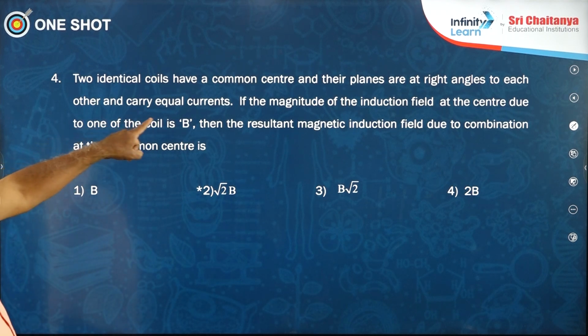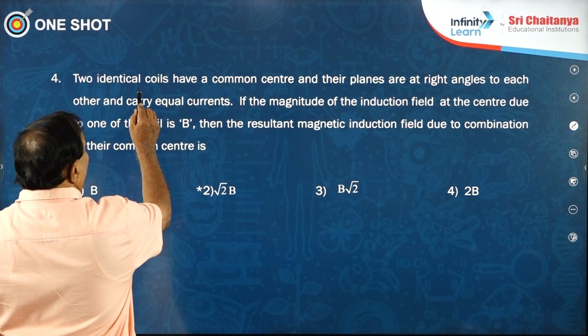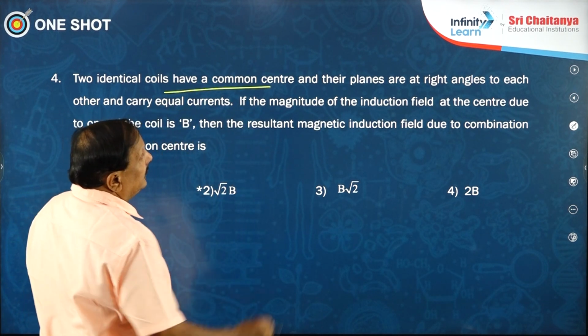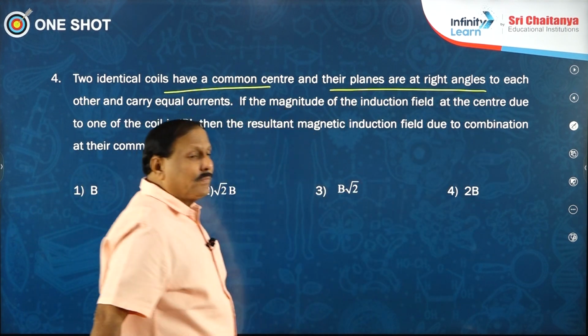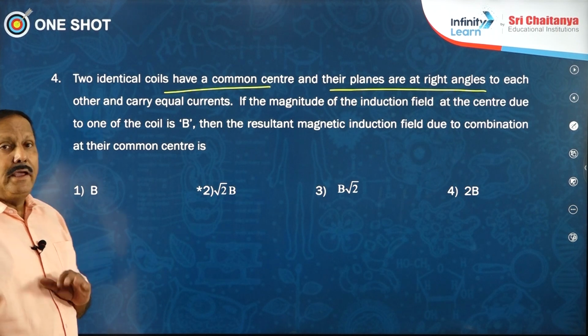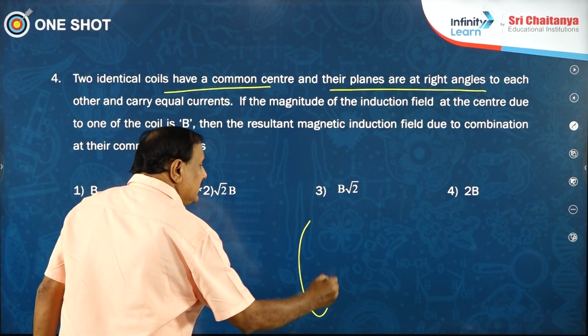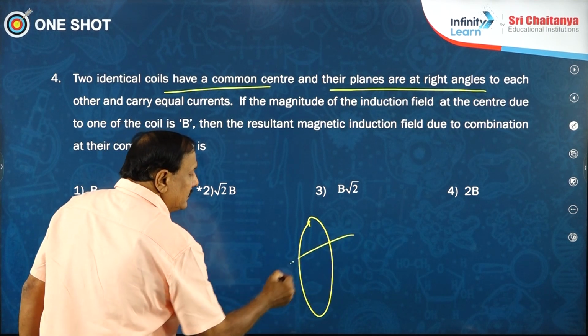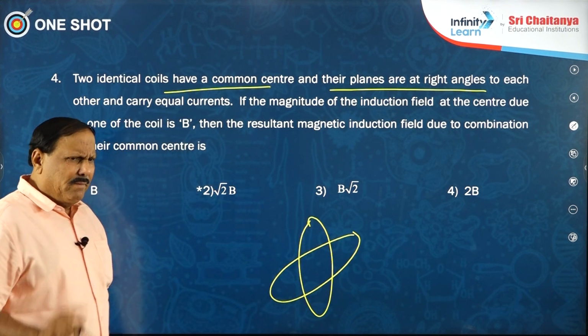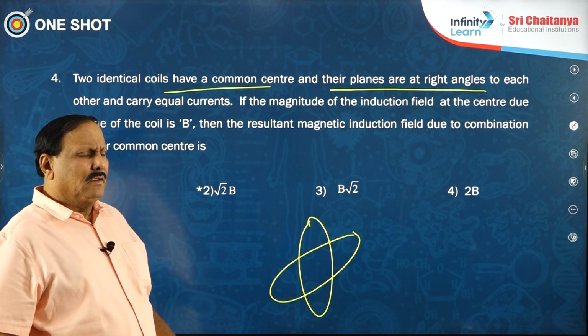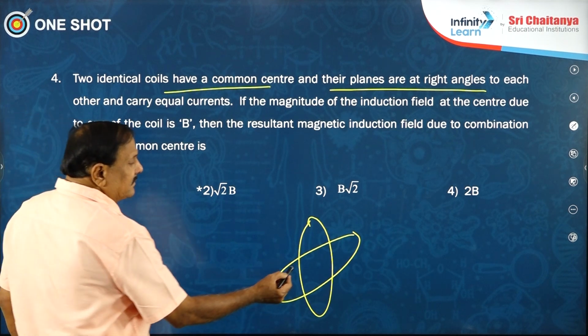Two identical coils have a common center, see here, a common center, and their planes are at right angles. Here there is a question, for example, two coils, one coil is this, another coil is this. Imagine one inside the other, so that the center is common.